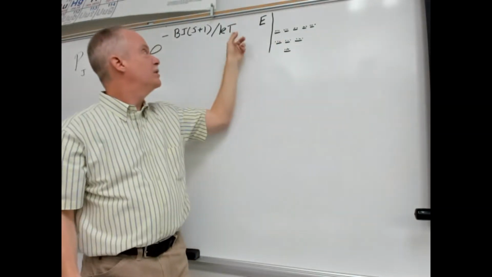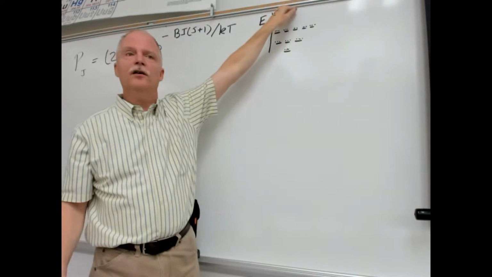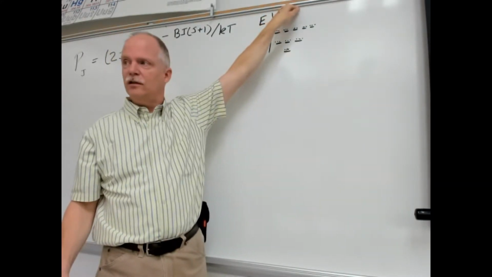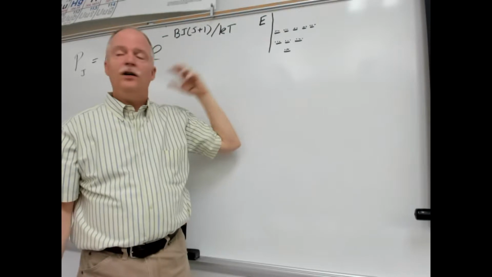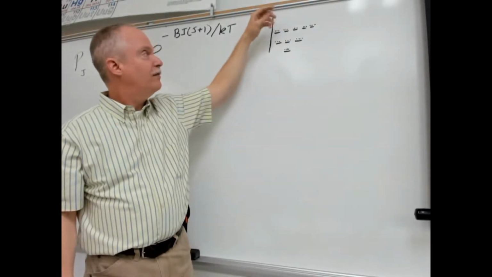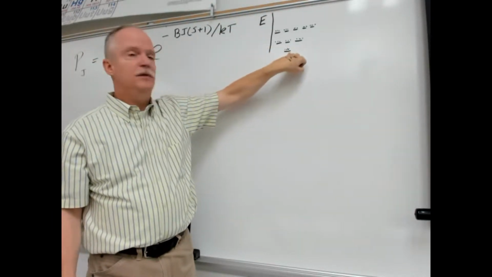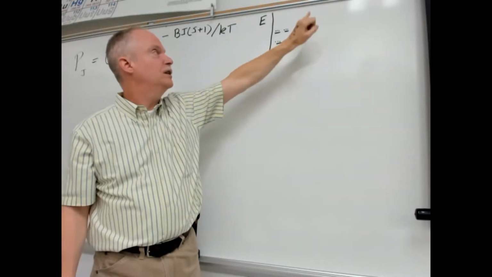But then the temperature disfavors excitation, so eventually there's not going to be any molecules populated at the really high levels. If we do spectroscopy on this system, we're going to have transitions that come from J equals 0, J equals 1, J equals 2.